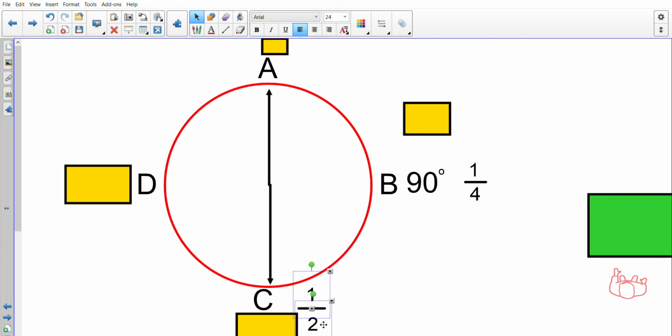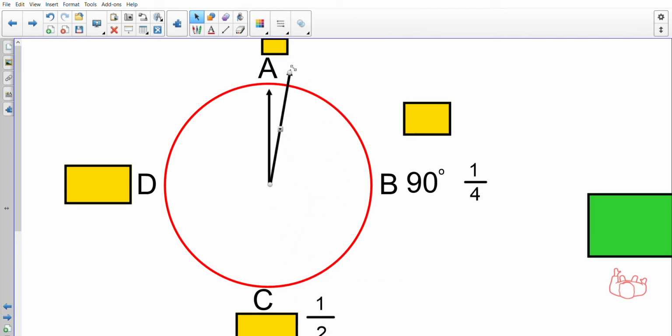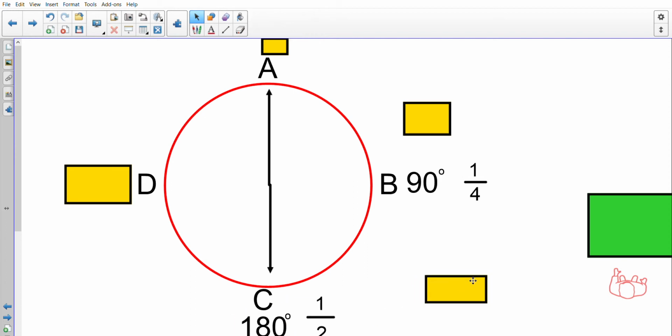Okay, so if this person has made a half turn from A all the way around to C, then what degrees would that be as a number? Well, 1/4 is 90. It's twice as much as 90, isn't it? So it's got to be double 90, or 2 times 90 is 180 degrees. Okay, so they have moved from 0 degrees all the way around to 180 degrees.